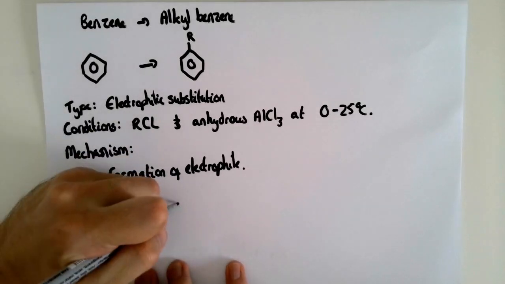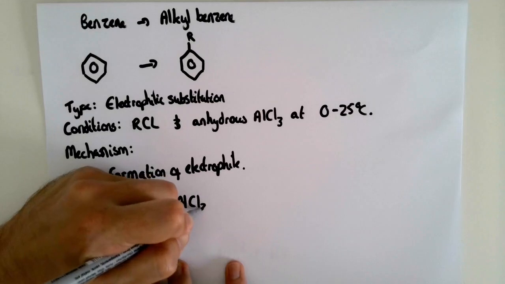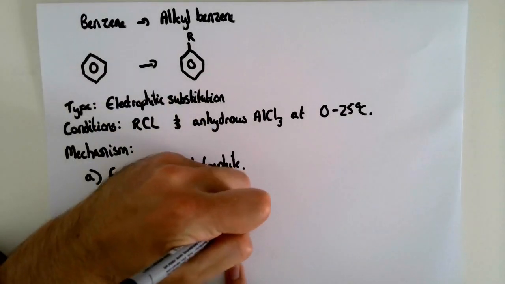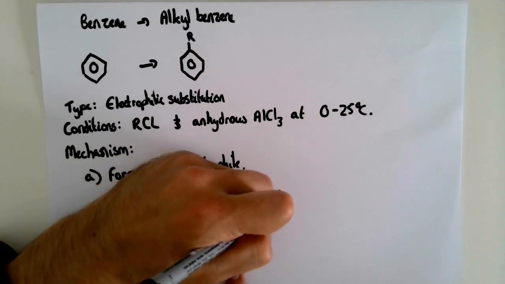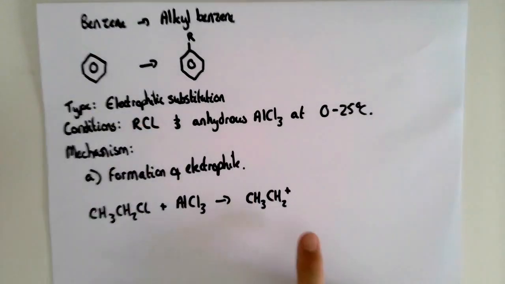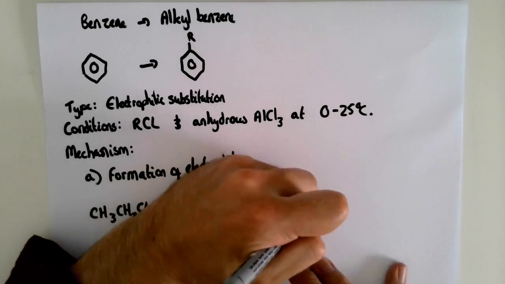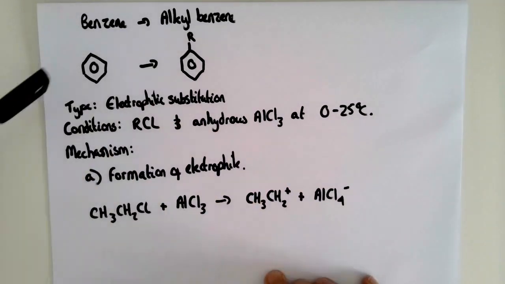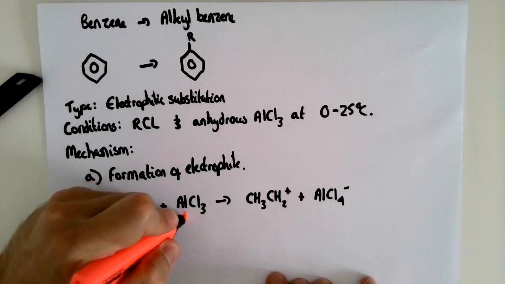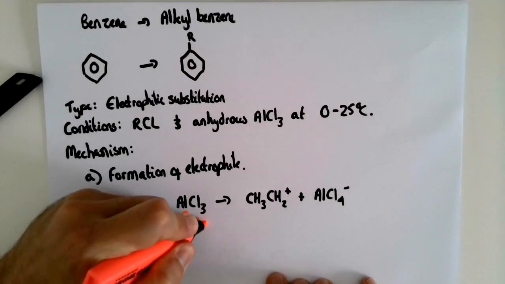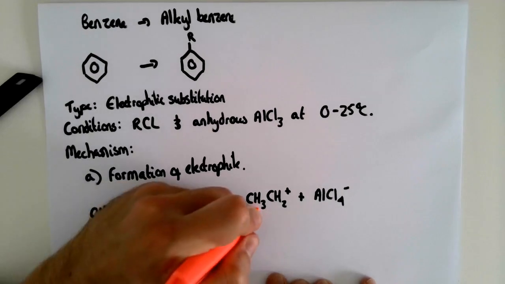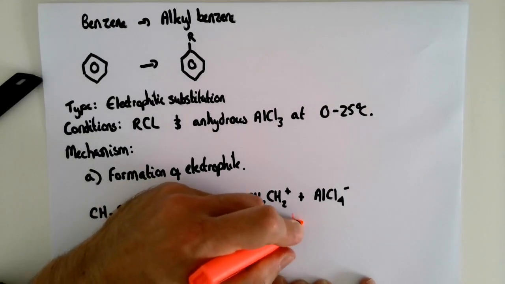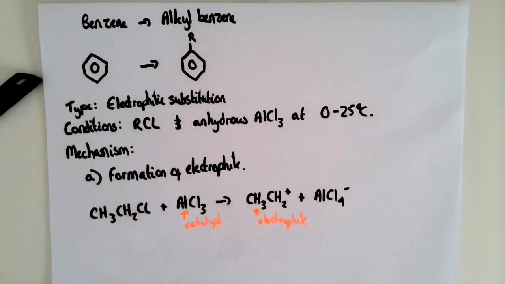It's reacting with the catalyst, and what gets formed is an electrophile. So there's my electrophile, and AlCl4 minus. So once again, catalyst, making my electrophile with the positive charge again.